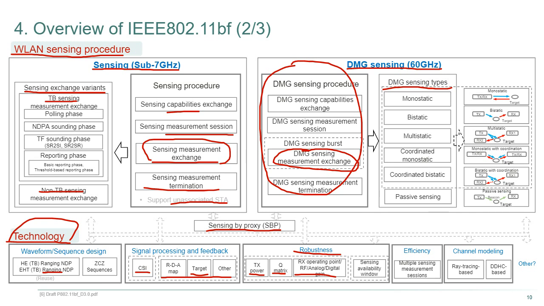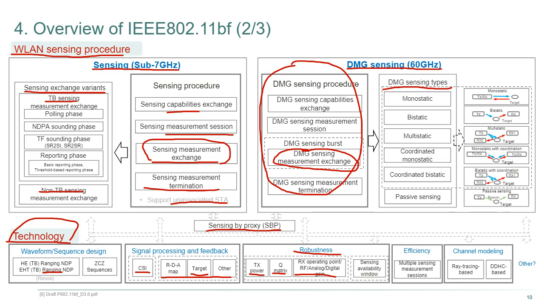And also, during the beginning phase of the standard, we designed two channel models dedicated to sensing simulation. We have the basic ray-tracing based channel model, and then we also designed a data-driven hybrid channel model, including some other features and technologies.